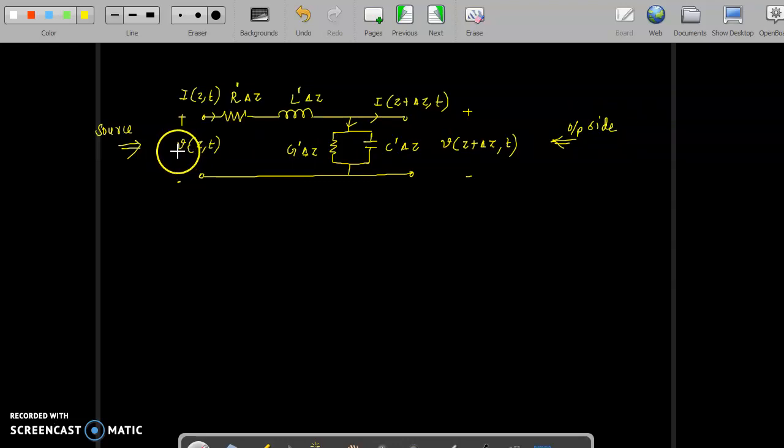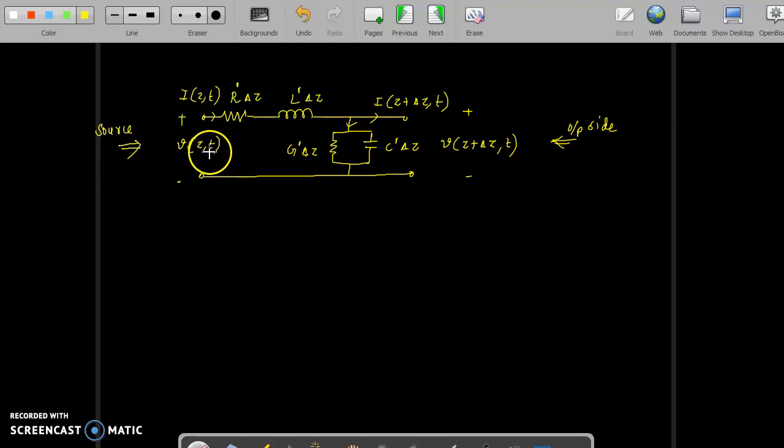The voltage is also a function of time, and it is also a function of the length. So we are considering voltage as a multi-parameter function of Z and T. Z is the line length and T is the time. So one side of the transmission network is excited with V(Z,T).